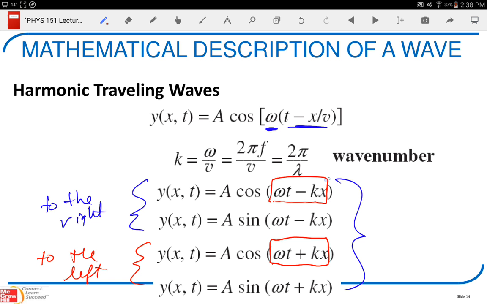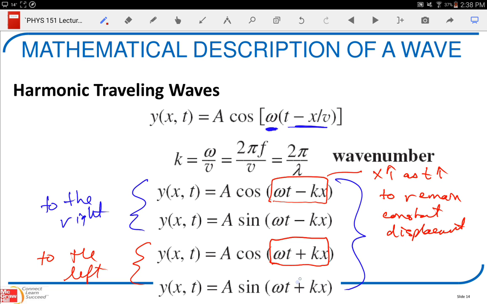Actually, no, I said that wrong. To keep this constant, as time goes up, x must go up. So this has x increases as time increases to remain constant. And so that's why it's going to the right. x increases, we consider that to the right.